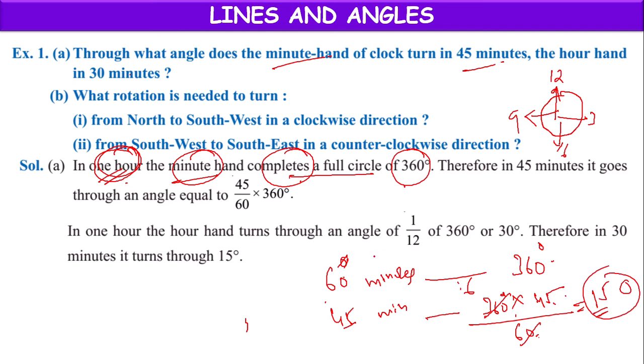So it will turn through an angle of 150 degrees in 45 minutes. The answer is 150 degrees for the minute hand.